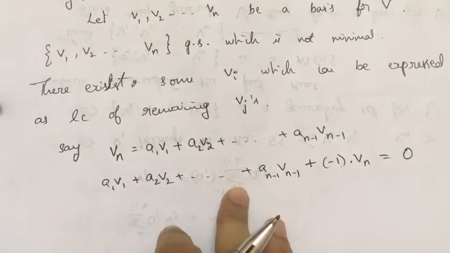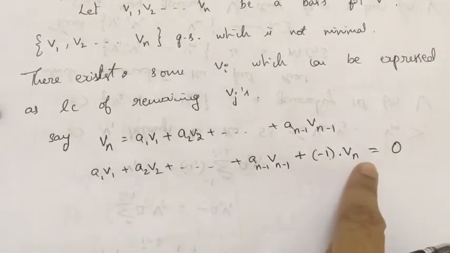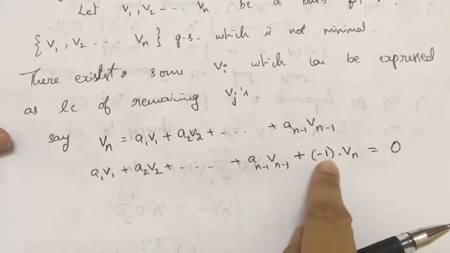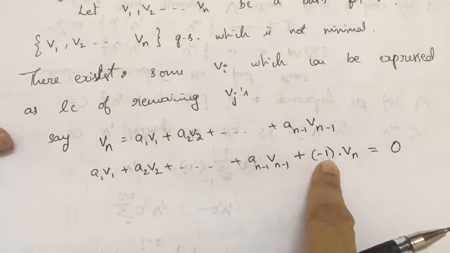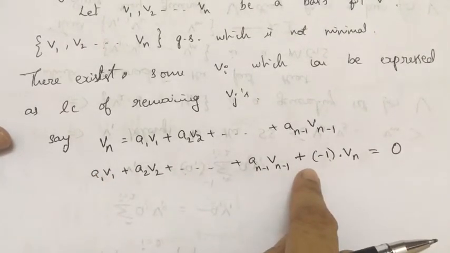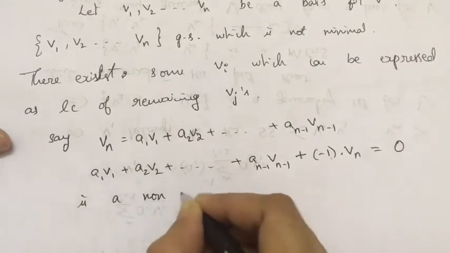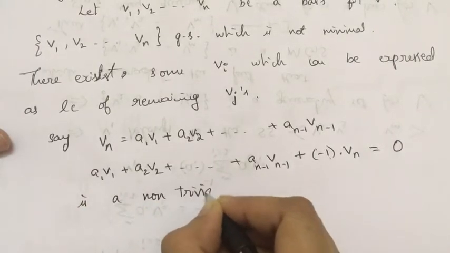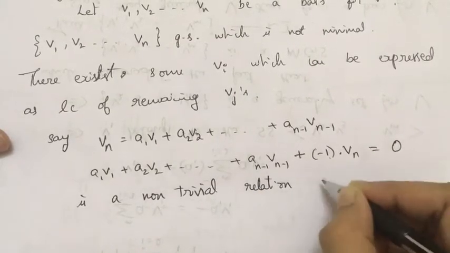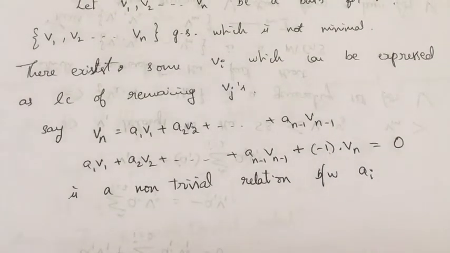What is this? This is a linear combination of n vectors, but here one coefficient is not equal to 0. It means it's a non-trivial relation between the ai's, right?